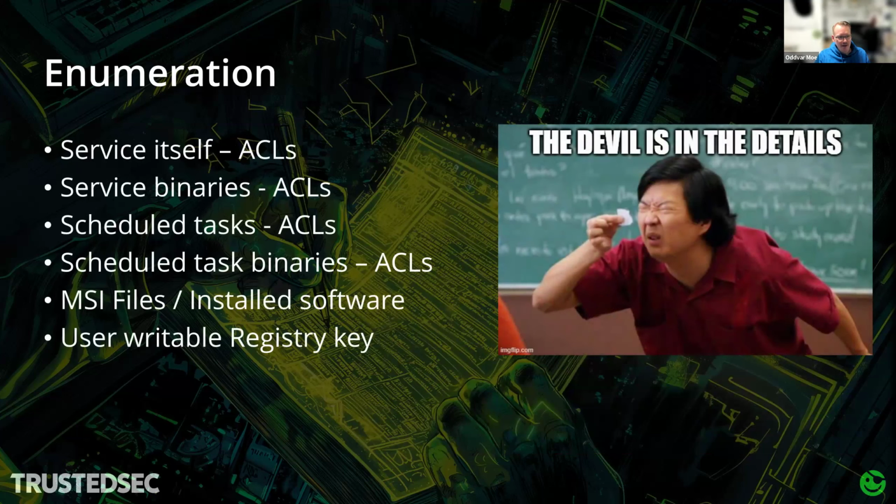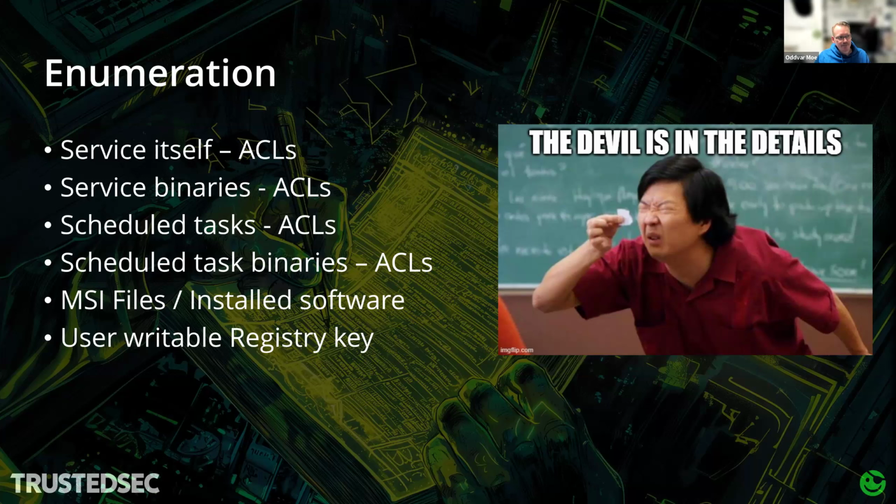So enumeration, things you need to look at or enumerate when you're starting to look at a privilege escalation is, of course, the service itself, because the service can be divided into two parts. The service definition has its own ACLs, access control list, which tells what user is allowed to do what on the service, what user can start, stop, change the config and stuff like that.